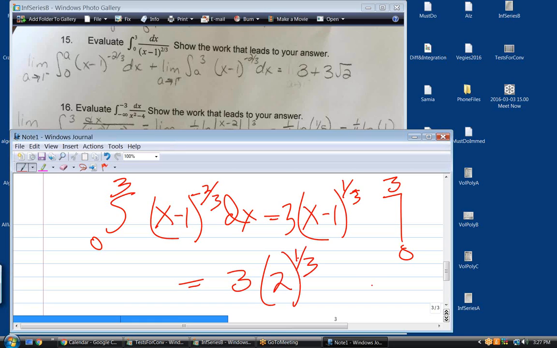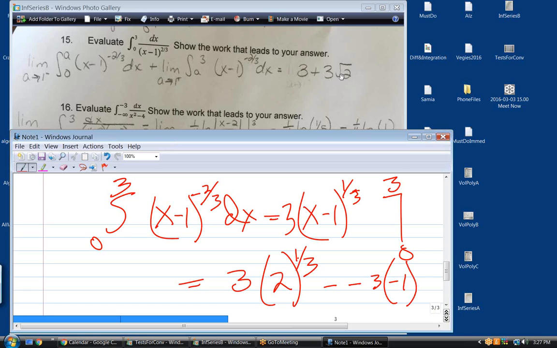And when I evaluate it at 0, I get negative 3 times the cube root of minus 1, which is 1. So it's 3 plus 3.